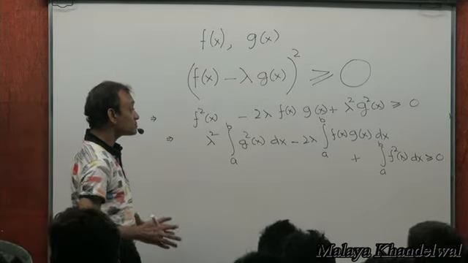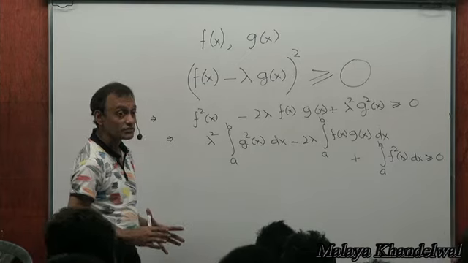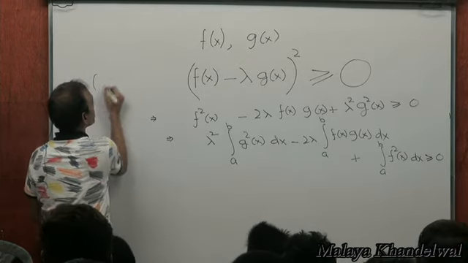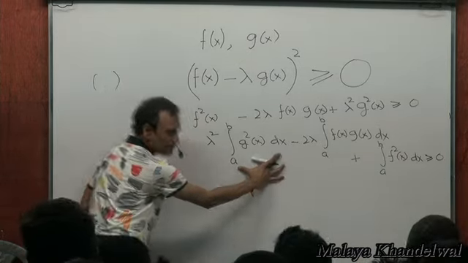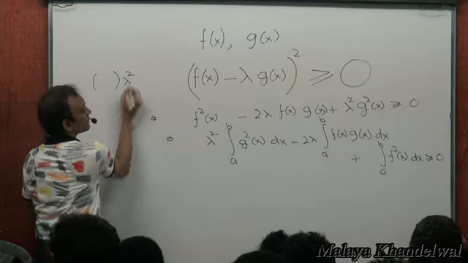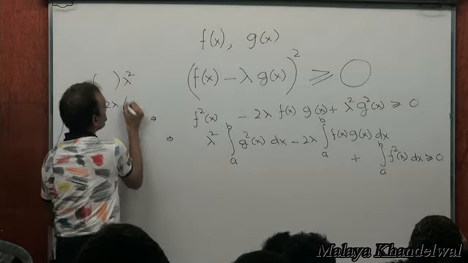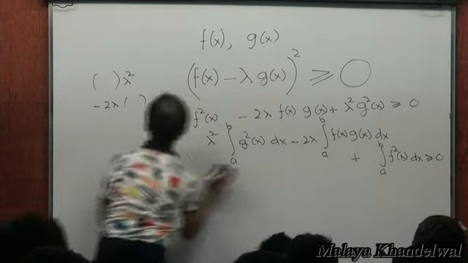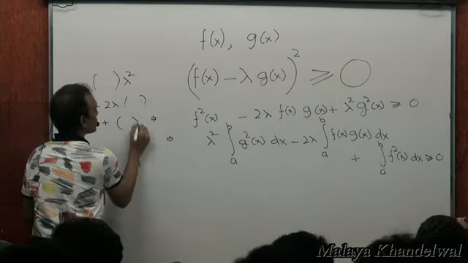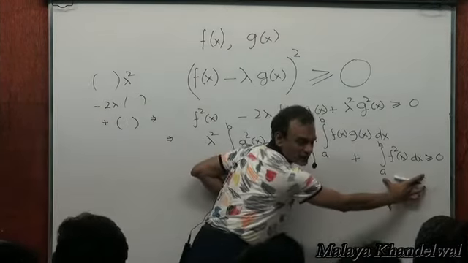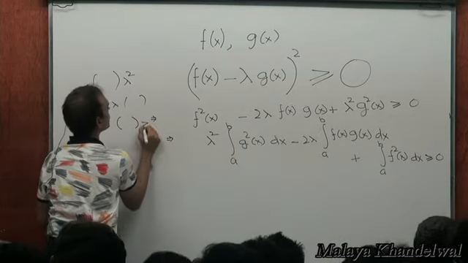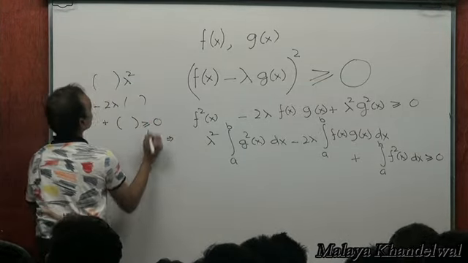Do you realize that this is a quadratic in lambda? You will have something, a number, into lambda squared minus 2 lambda into something, this is also a number, plus a constant, this is again a number when you take the limits, is greater than or equal to 0. Yes or no?